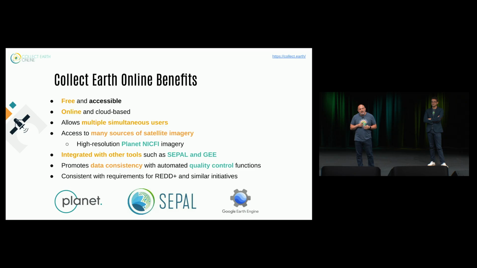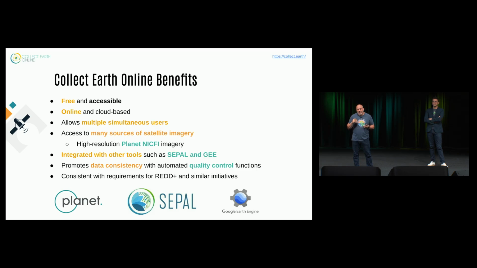The benefit of the process is that it's free and accessible. Democratizing the ability to contribute to the next generation of GeoAI is critical for a variety of reasons. Making it online and cloud-based eliminates a lot of technology barriers that you typically see in some organizations. Allowing multiple users from multiple different organizations to enter and contribute to that data is also critical.